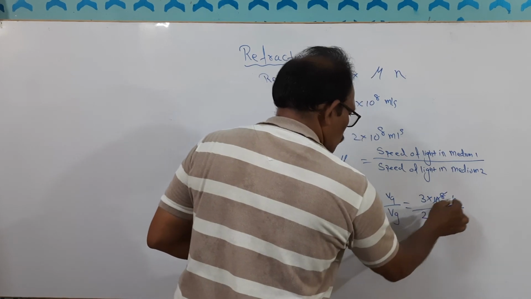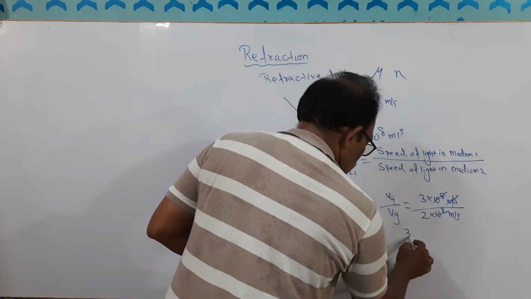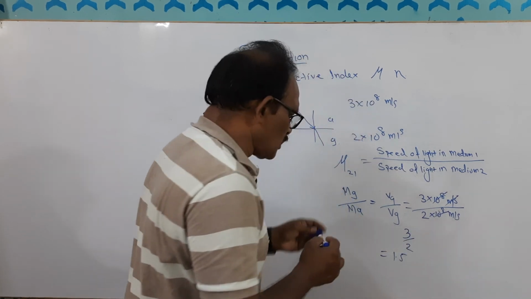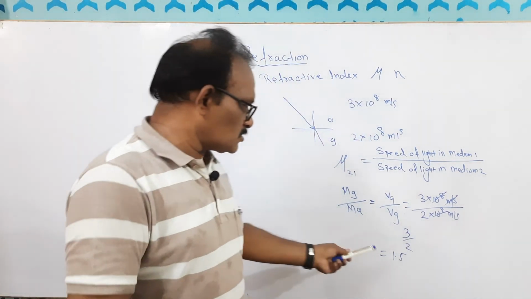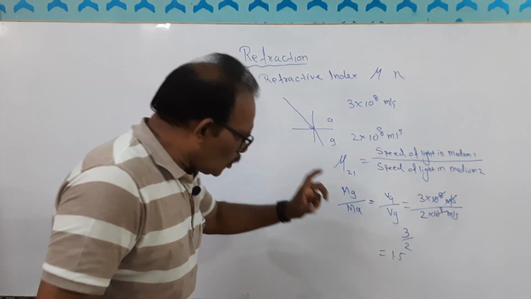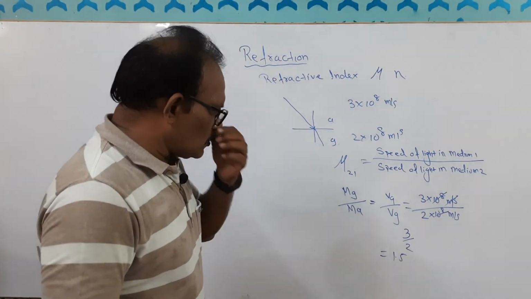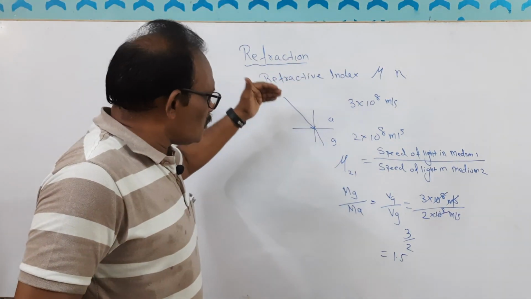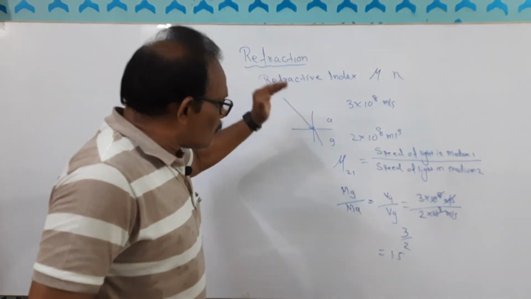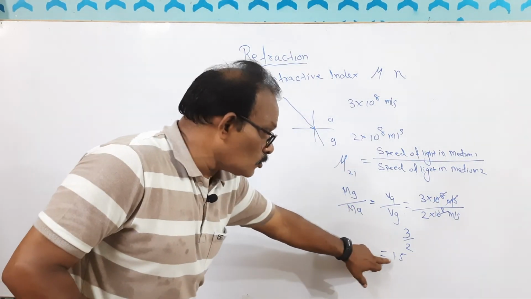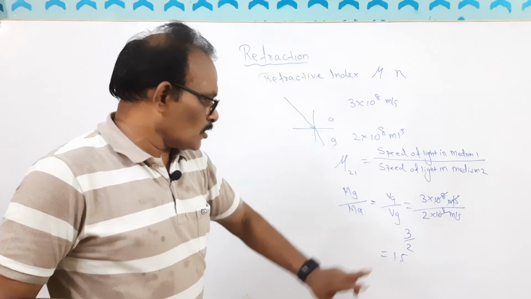Now what happened? This whole thing cancels out. So we got 3 by 2. 3 by 2 means 1.5. Means the refractive index of glass is 1.5. What does this 1.5 mean? Compared to the speed of light in air, the speed of light in glass becomes that many times less.